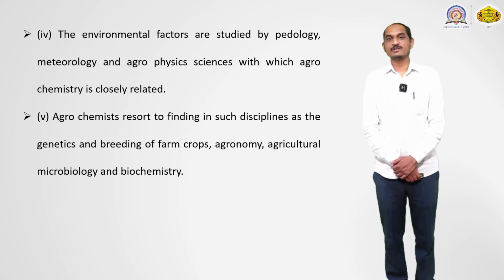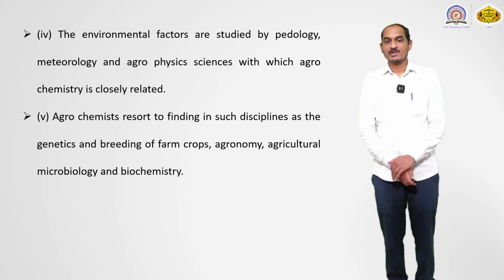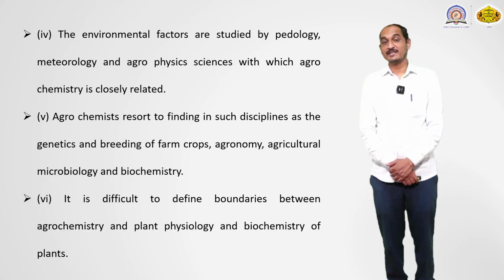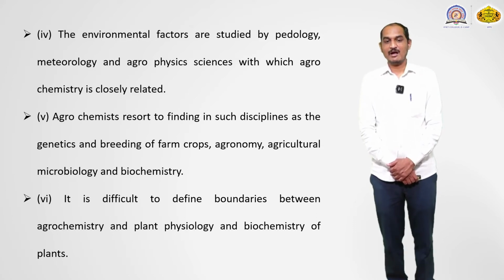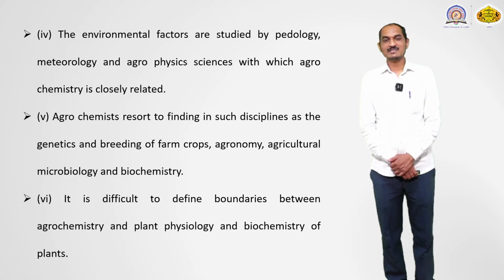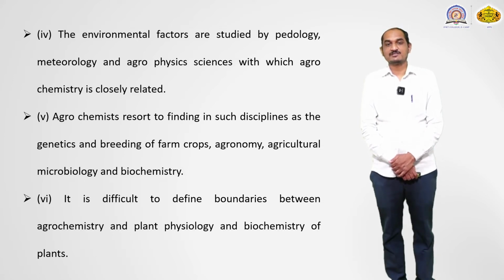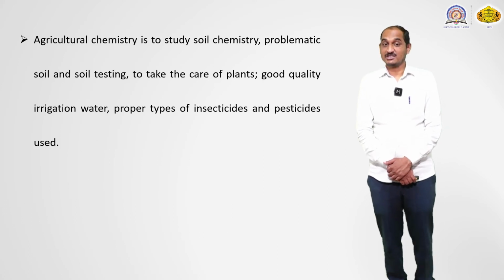Along with that, agronomy, agricultural microorganisms and biochemistry are also related to agrochemistry. So it is difficult to define the boundaries between agrochemistry, plant physiology and the biochemistry of plants, because they are interlinked, and the study of all these branches is most important when we discuss agricultural chemistry.